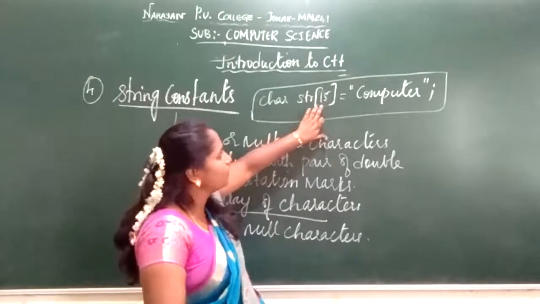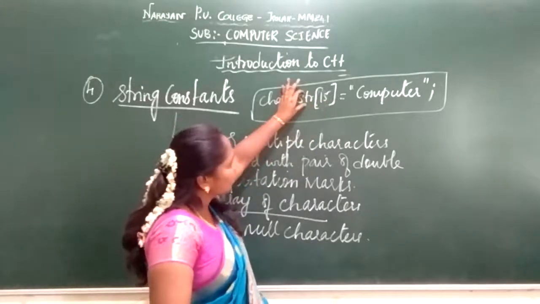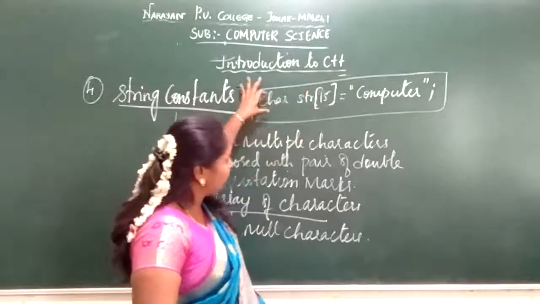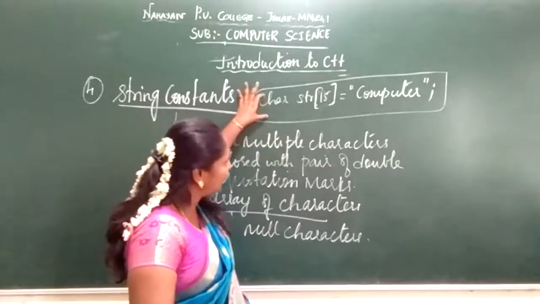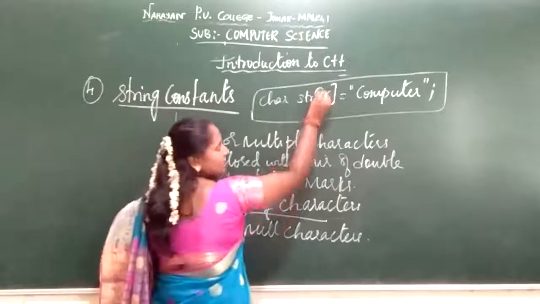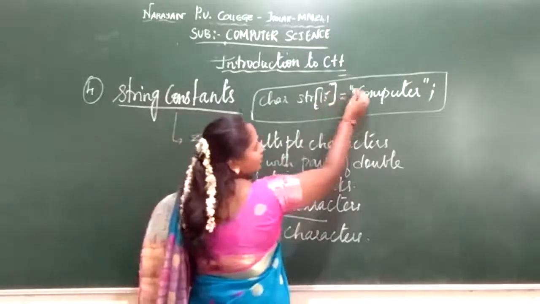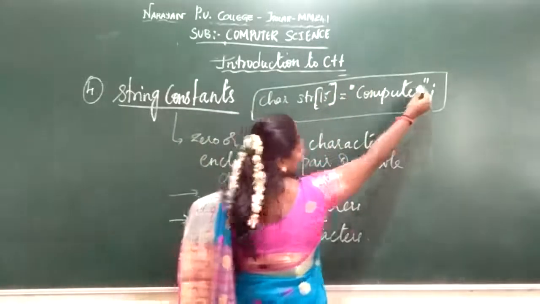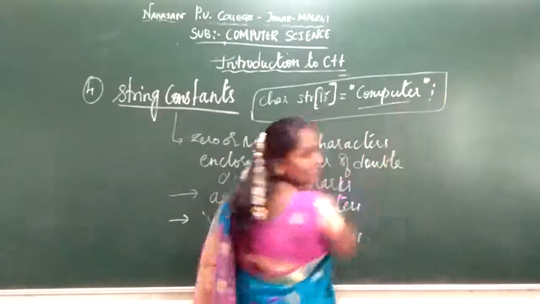If an array starts from 0. So str is a variable of the character data type. The size is 15. This is the array of characters. And the string is enclosed in double quotes. So this is nothing but your string constant.